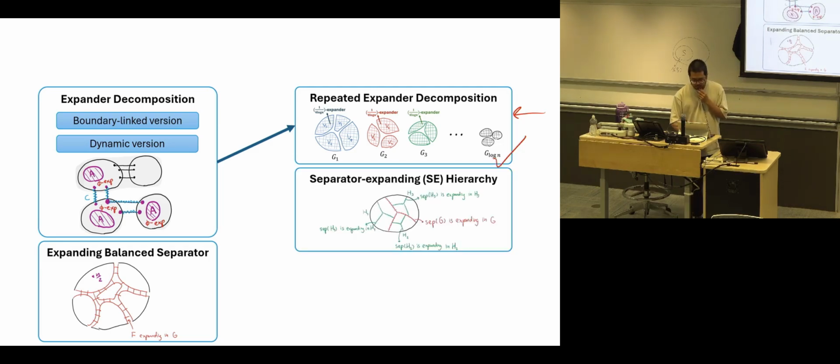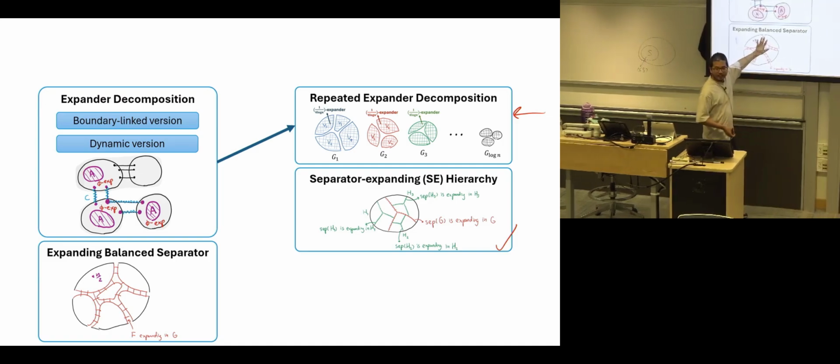How can we build this thing fast too? Anyone recall what is the SE hierarchy and how we can build it fast? Yeah, just by applying expanding balanced separator.